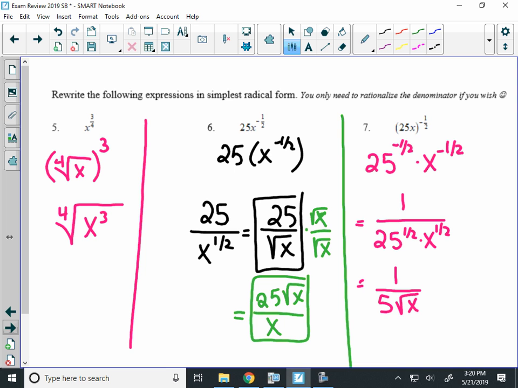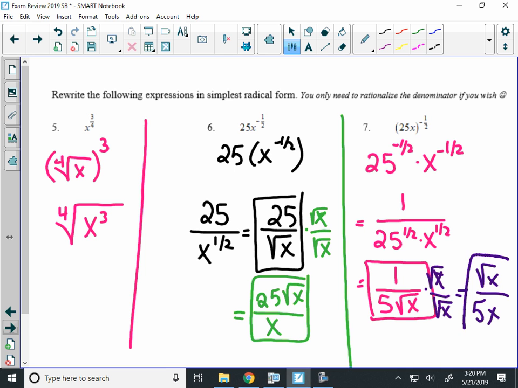Now, just like the last problem, that's acceptable. If you really wanted to rationalize the denominator, you have to multiply by radical x over radical x, which should give you radical x in the numerator over 5x. That's the other answer that's equivalent. The first one is fine with me.